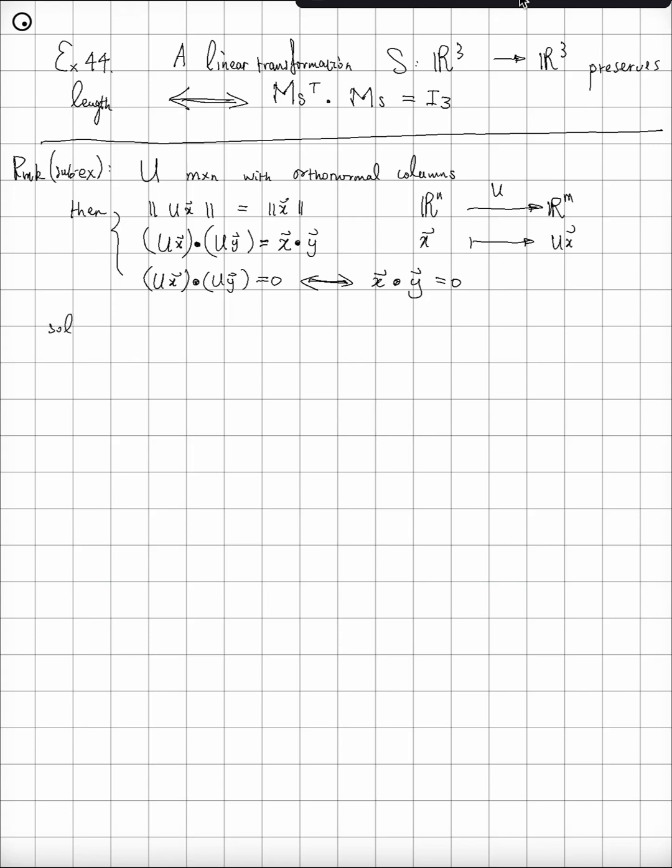So for example, let's first look at this sub-exercise. Just recall what is matrix multiplication of a matrix with a column vector. That is, by definition, just, we suppose coordinates x1, x2, xn, this is just x1 u1 plus x2 u2, scalar multiplication, up to xn un.